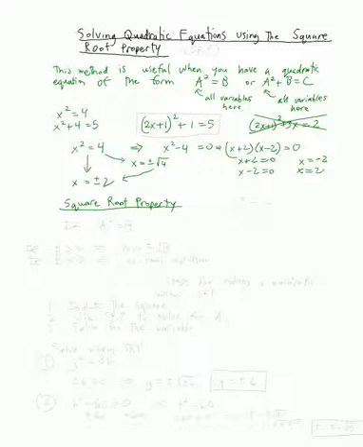Okay, the square root property says if a squared equals b, then there's two cases. If b is positive, then a equals plus or minus root b. Now, what do I mean by b being positive?